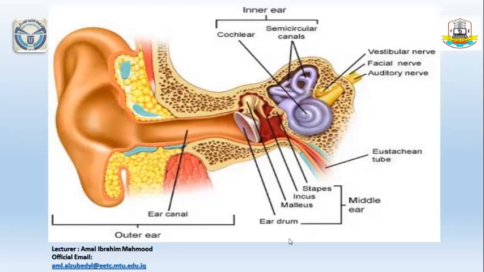In the inner ear, there is a cochlea, which contains several sections filled with watery fluid and contains hair cells. When the sound wave vibrates, the fluid begins to move and leads to the moving of the hair cells, which begin to transform the vibration to an electrical impulse. These electrical impulses are sent to the auditory nerve and then to the brain, and hearing occurs.